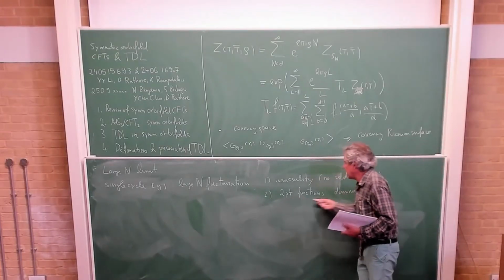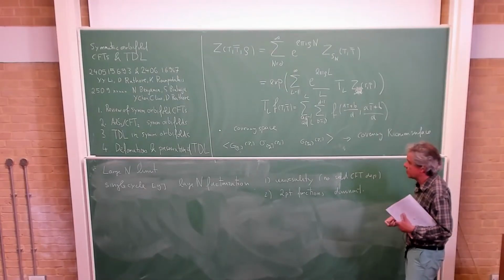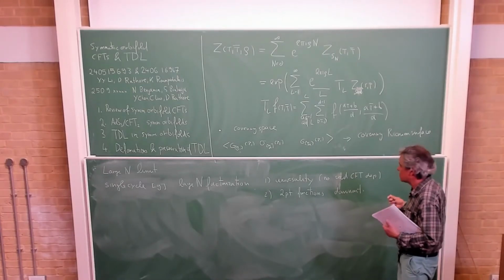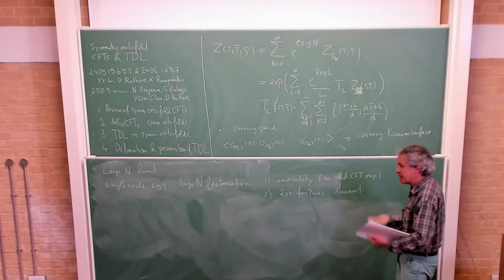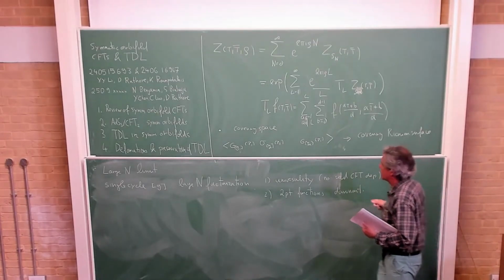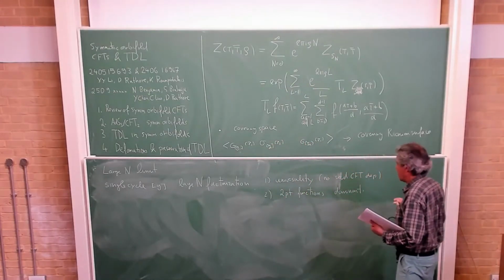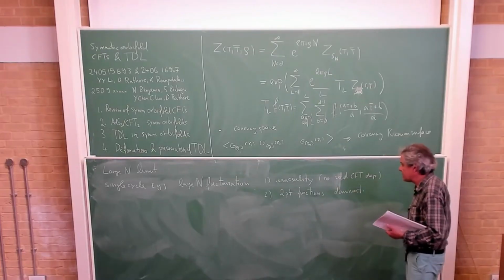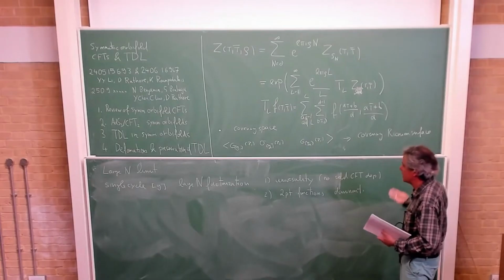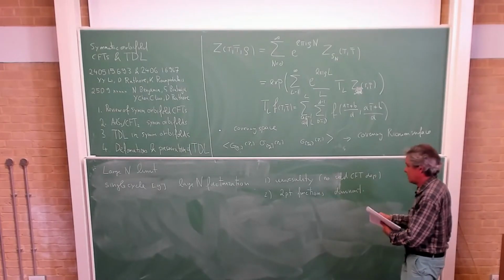Especially this statement, if you compare it to the canonical example of type IIB on AdS5 times S5 and N=4 super Yang-Mills, or generically gauge-gravity duality, these single cycle twisted sectors are like generalized free fields or single trace states, and could be identified with single particle states in the duality.